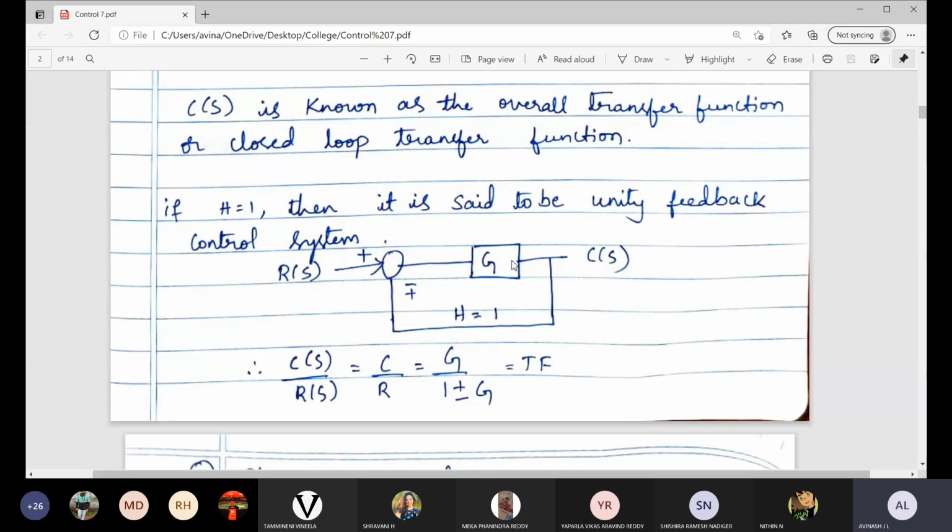There we have taken G and the feedback line, so instead of H we have taken the value 1. The equation becomes G divided by 1 plus G for negative feedback. If it is positive feedback, it is 1 minus G. So I can say for minus-plus of feedback, you will get plus-minus in the equation.